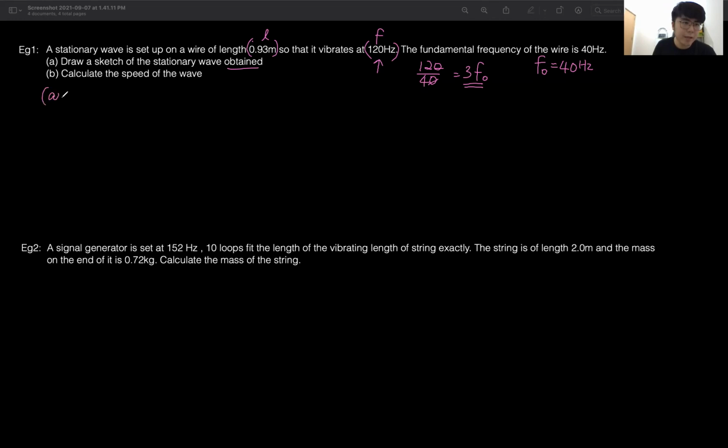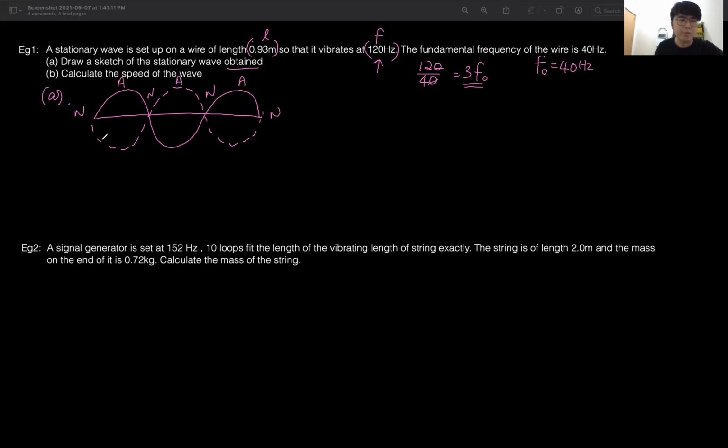Okay, so for part A, third harmonic means that you have three loops. So then you draw it. Okay, you draw the string. I have 3 loops: 1, 2, 3, with 2 nodes in between, and then 3 antinodes. This is the third harmonic. What mode is the third harmonic?